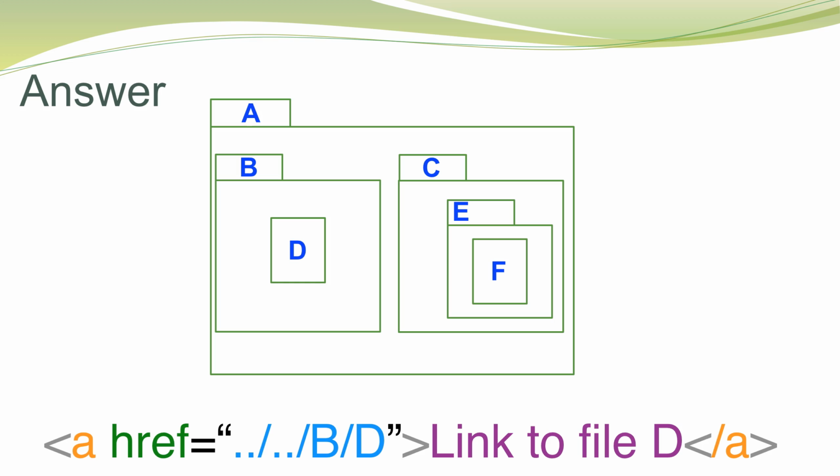The answer is href equals ../../B/D. You have to get out of folders E and C using ../../ then go into folder B, then to file D.